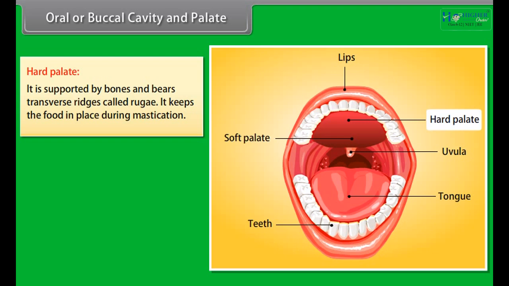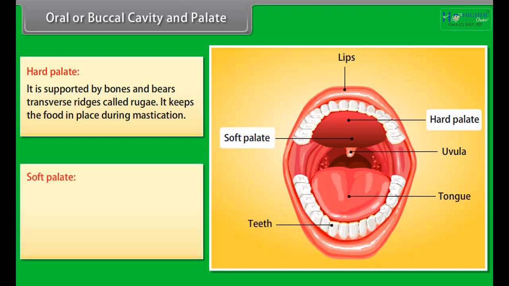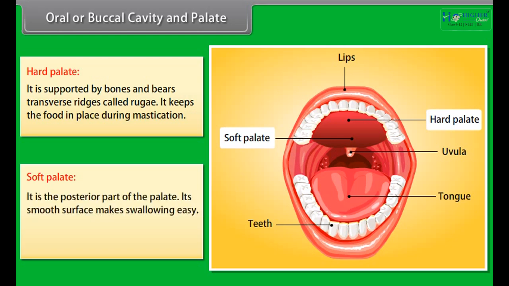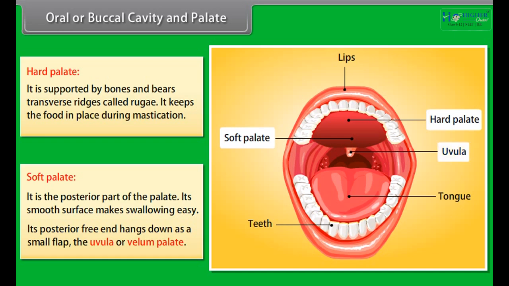It keeps the food in place during mastication. Soft palate. It is the posterior part of the palate. Its smooth surface makes swallowing easy. Its posterior free end hangs down as a small flap, the uvula or velum palati.